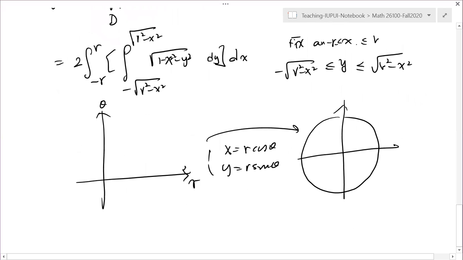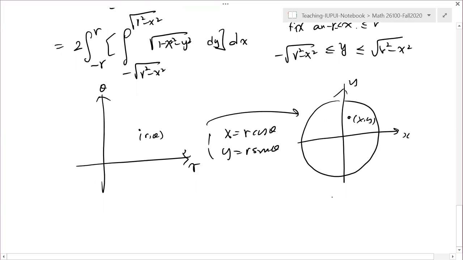It sends a point r and theta to a point with coordinates x and y. So the question is, what kind of r and theta would be sent to the circle? For the circle, x squared plus y squared is determined, inside the circle is determined by this inequality.